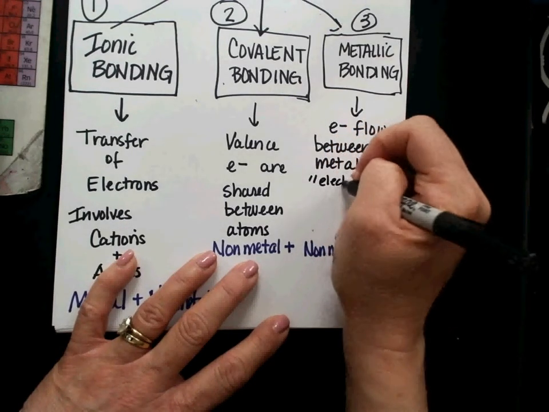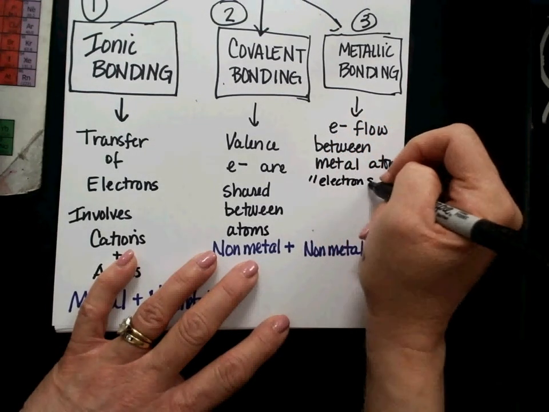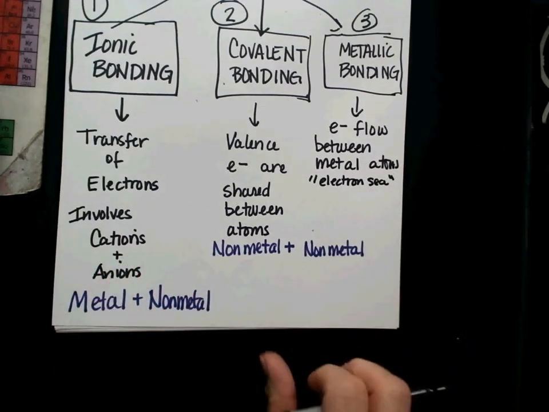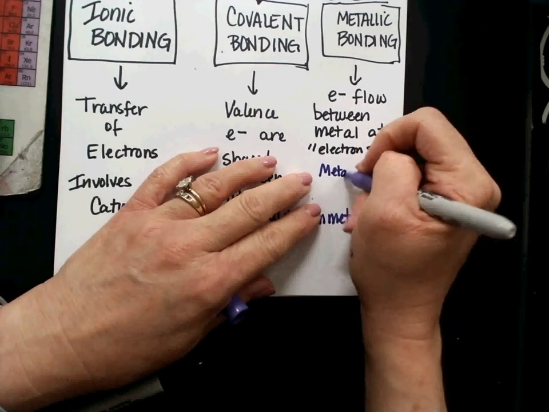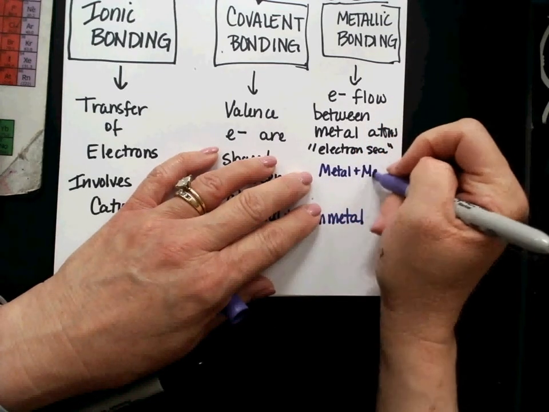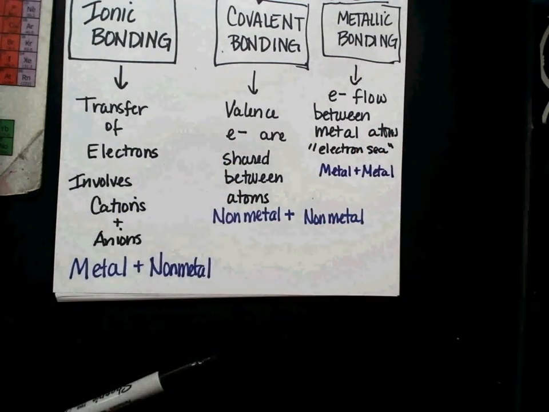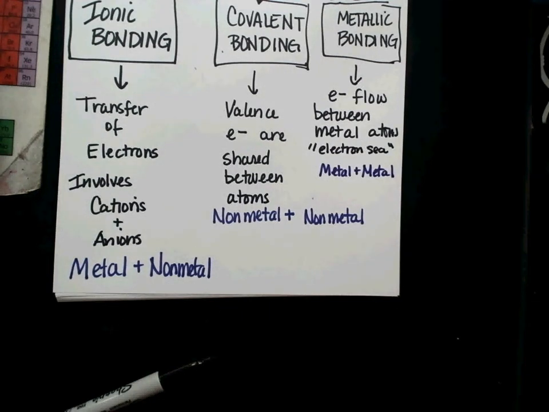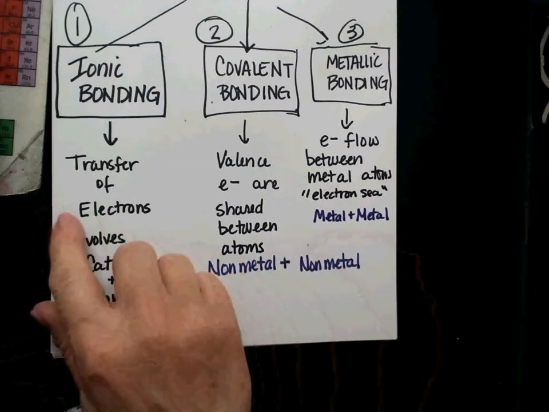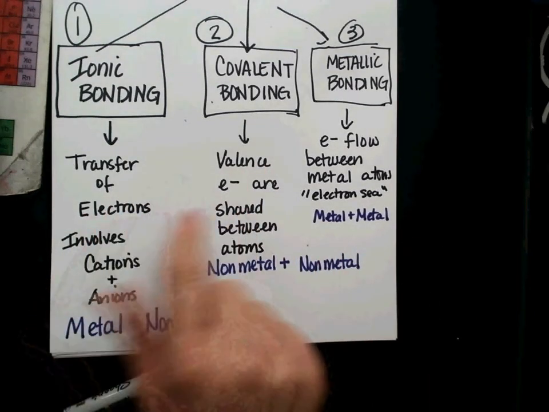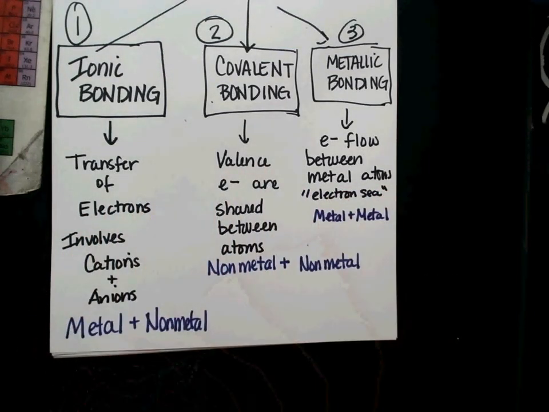It's called an electron sea, like the ocean. They say they flow like the ocean. And that is a metal plus a metal. So those are your three major types. We'll look at each kind. We spend a lot more time on ionic and covalent than we do on metallic.